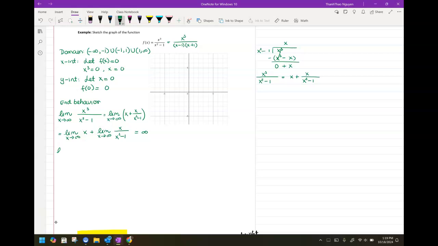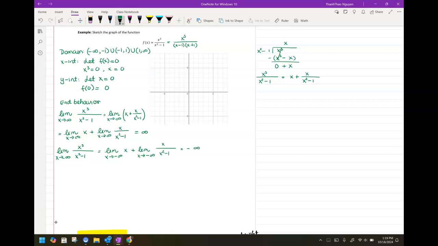Then in the next case, the limit as x approaches negative infinity of x to the third divided by x squared minus 1. This again is the limit as x approaches negative infinity of x plus the limit as x approaches negative infinity of x divided by x squared minus 1.